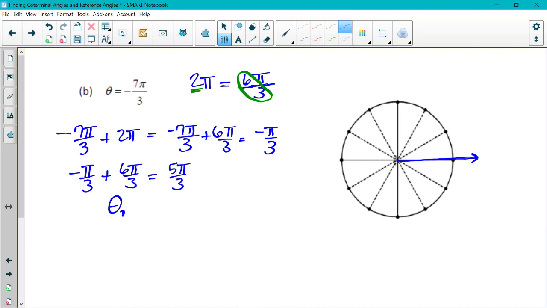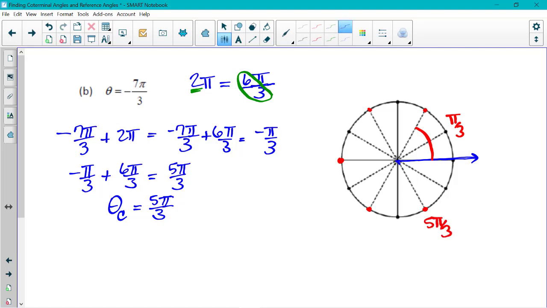So that is my least positive coterminal angle, if you want to work in terms of positive measures. So if I want to go 5 pi over 3 in the positive direction, then remember 2 of our sectors is pi over 3. So I'm going to go 1 pi over 3, 2 pi over 3, 3 pi over 3, 4 pi over 3, 5 pi over 3.